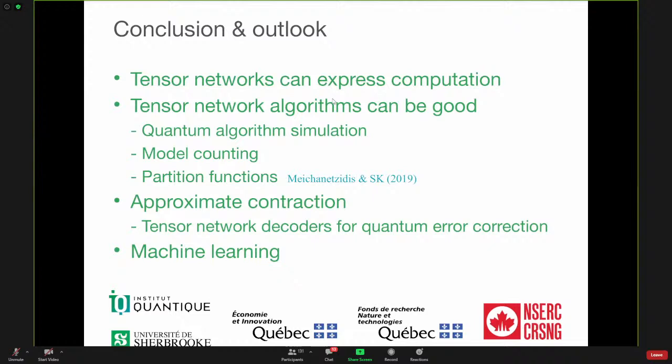And if you do that mapping, then you can do the next mapping, which is the StatMech model to a tensor network evaluation. And so in this paper with my collaborator, what we did was we evaluated for arbitrary knots their Jones polynomial.